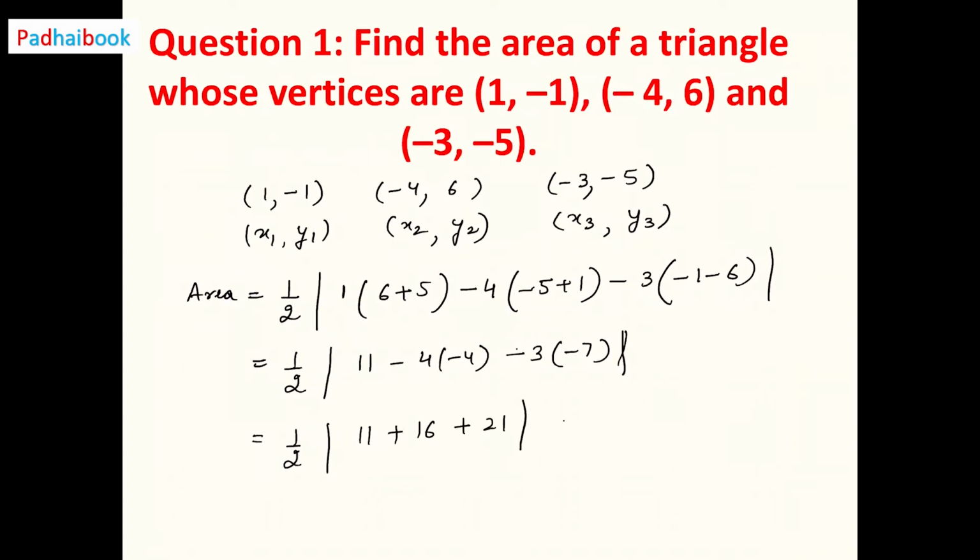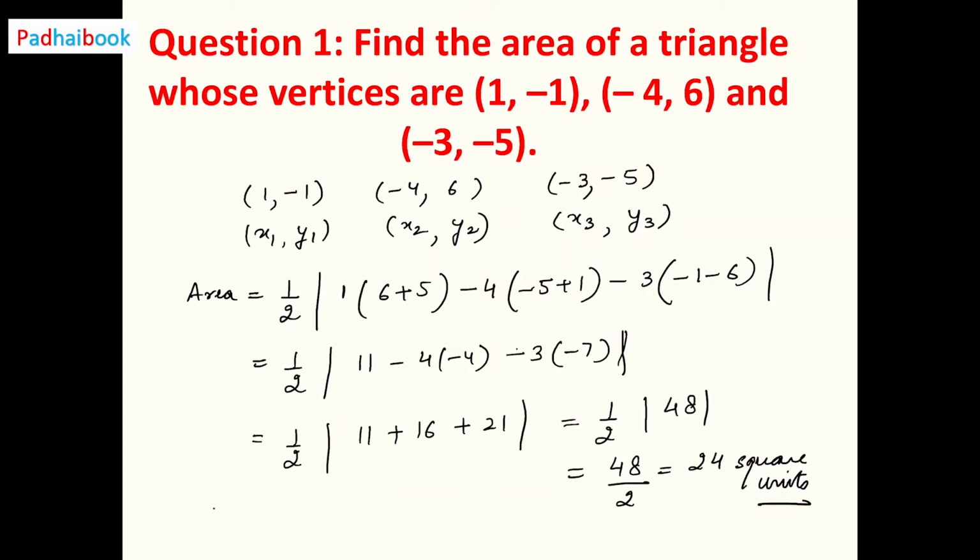Now I'm going to add all these: 11 plus 16 plus 21. So here I get half of 48, and modulus of 48 itself is a positive term. So modulus of 48 will be 48 by 2. That means my answer is 24, and the units will be square units as it is the area.